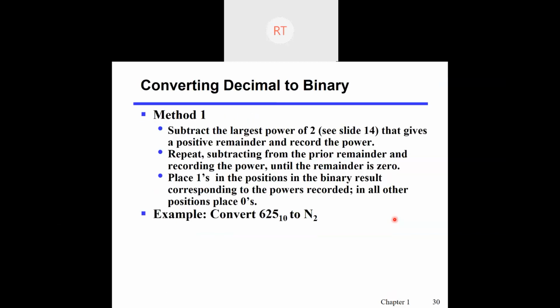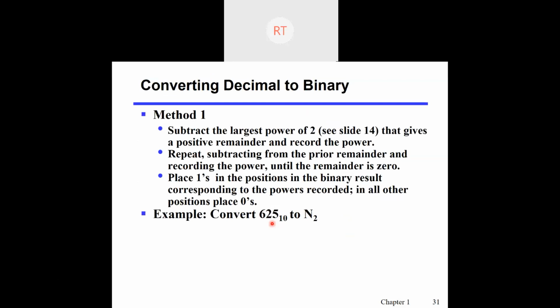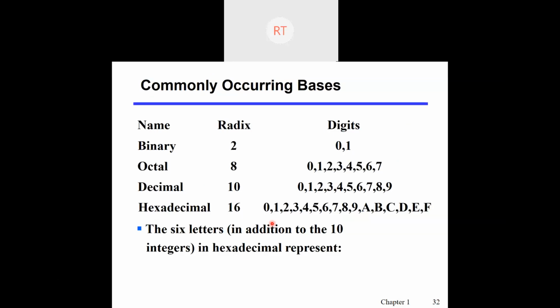So when you are converting from decimal to binary, you have two methods. I gave you one method, where you check the biggest power of 2 that you have and solve. Whatever you are working on, you have common bases that you should know.